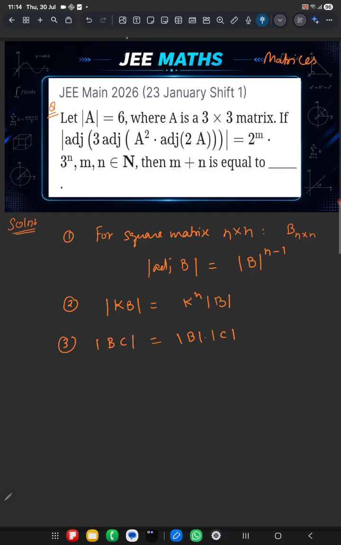Okay, so let us see how to solve this question. To solve this question, you have to understand the properties of the determinant.